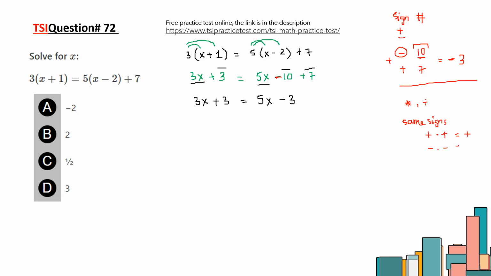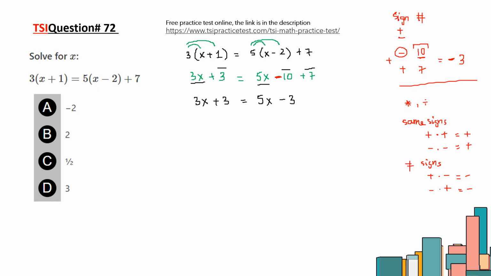Negative times negative produces positive. Similar to division, same signs produce positive, and different or opposite signs produce negative. We talk about this a lot, so make sure to keep that in mind. If not, when we see it again in the future, I will remind you again.